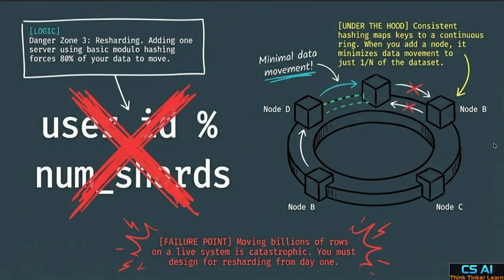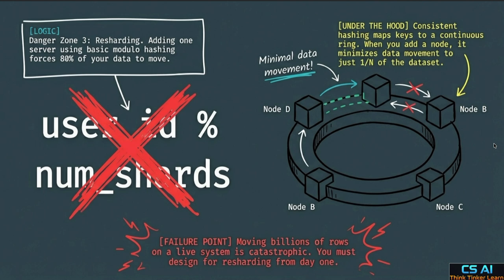Then there is danger zone 3, resharding. The logic is that adding one server using basic modulo hashing forces 80% of your data to move, which is highly disruptive. This user ID modulo num shards approach is fundamentally flawed for a dynamic system. Under the hood, advanced techniques like consistent hashing map keys to a continuous ring.